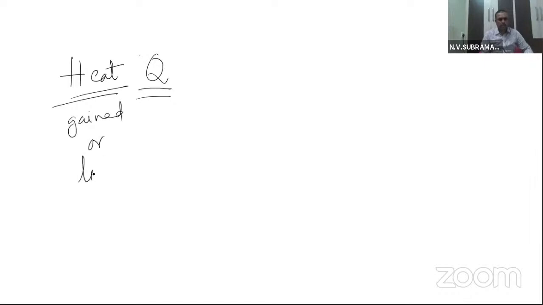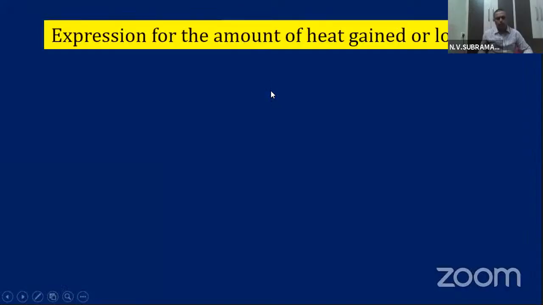Let us mention heat from now onwards as Q. Heat gained or heat lost by the body, let us call it Q value. What is the formula for calculating Q? This is what I am going to teach you now.